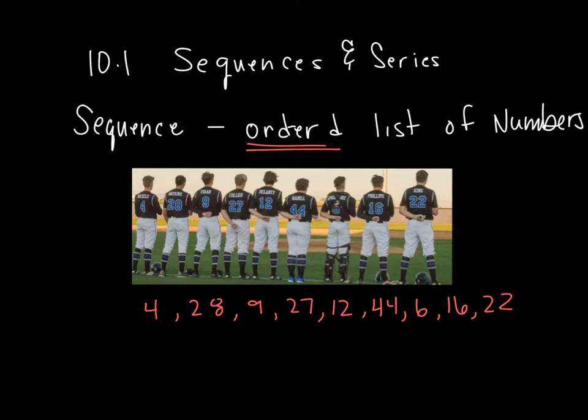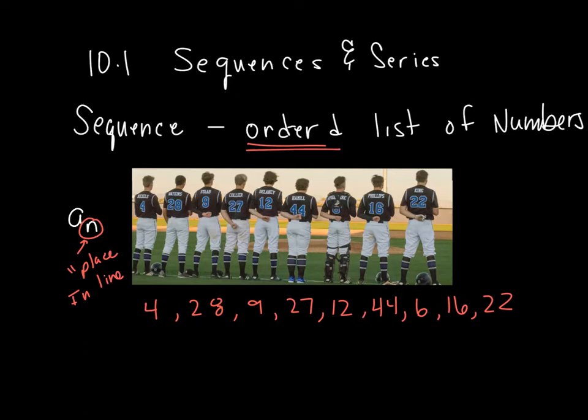So when we're talking about a sequence, it has this very special notation, and the notation is really important. It is a sub n, where the n identifies the place in line.